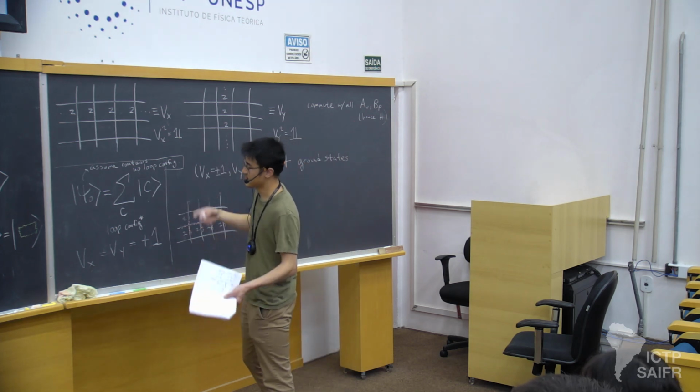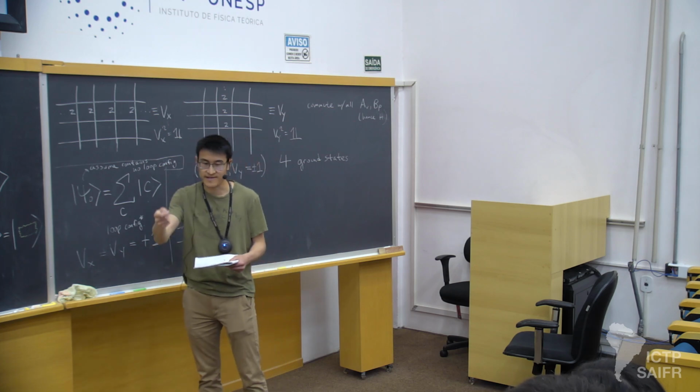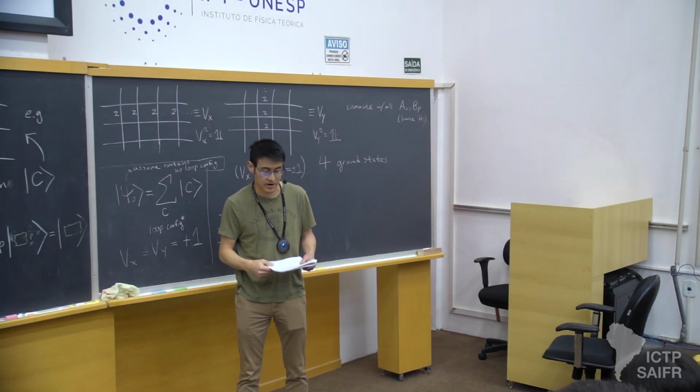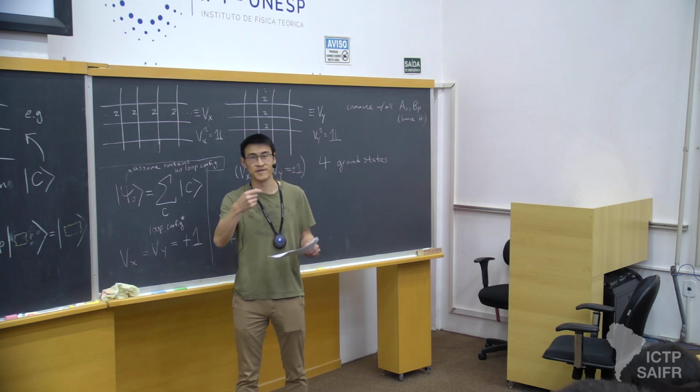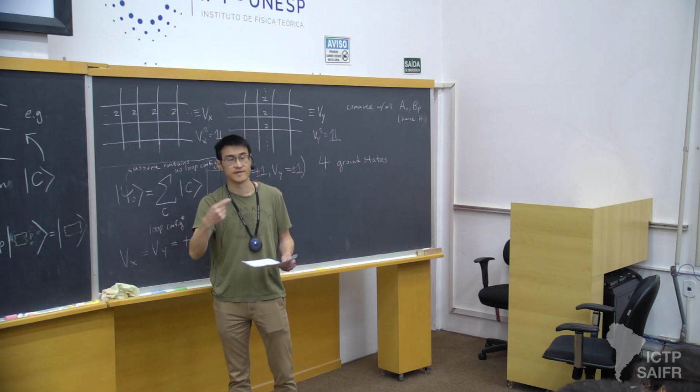So basically the short story is that Vx and Vy measure whether there are an even or an odd number of loops winding around cycles of the torus.